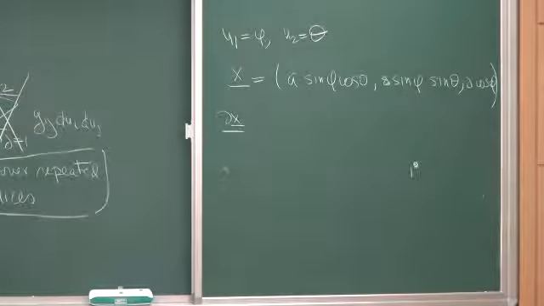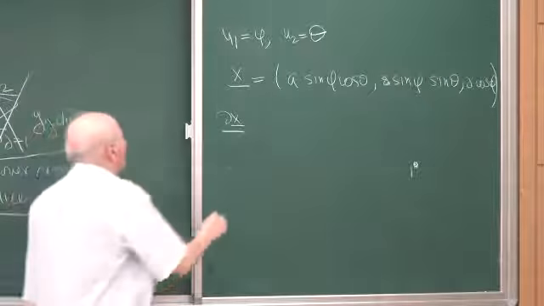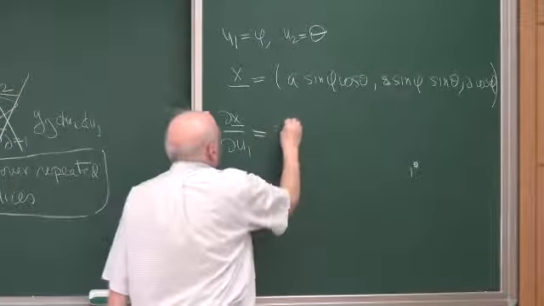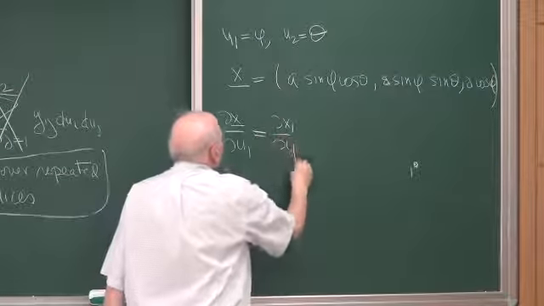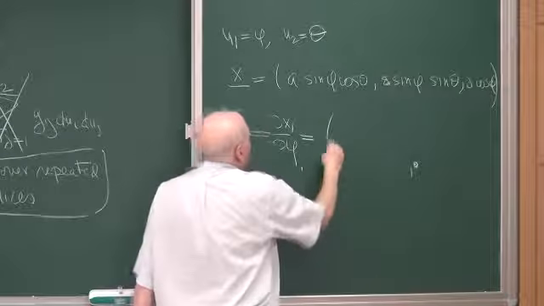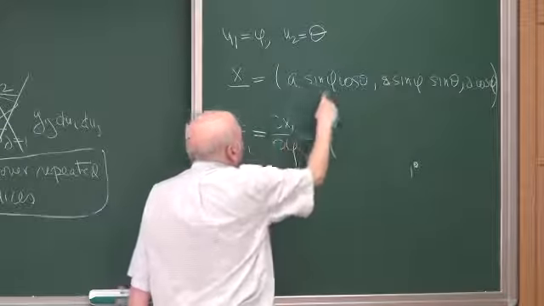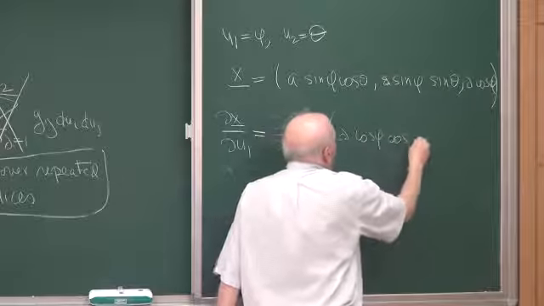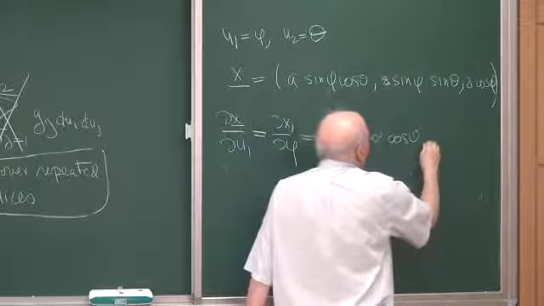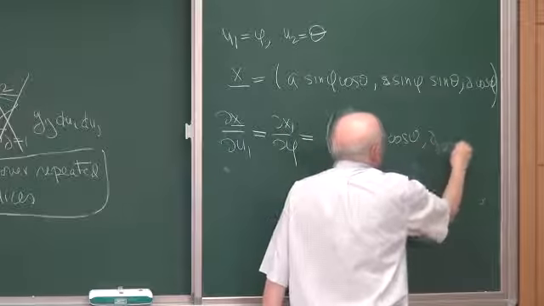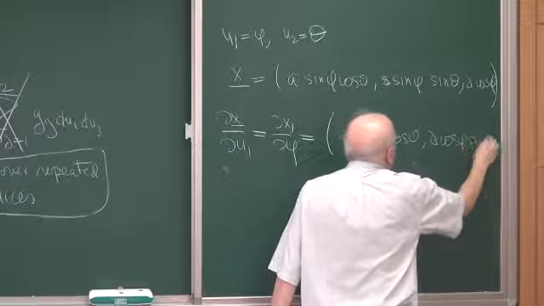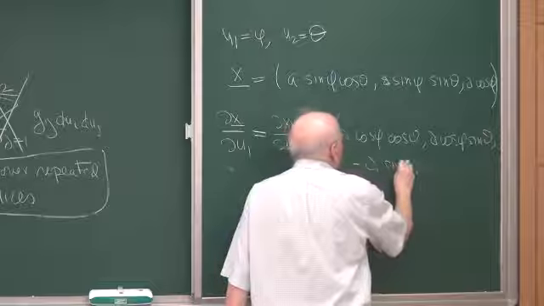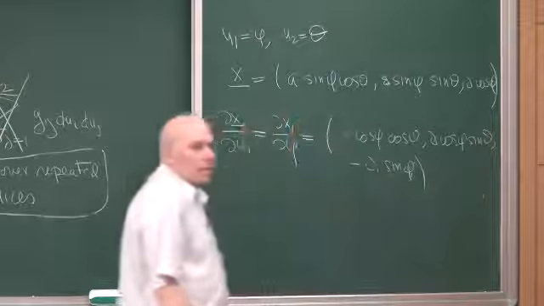So the partial of x with respect to u1 is the partial of x with respect to phi. And if I don't make a mistake, which is always risky, it's a cosine phi cosine theta, a cosine phi sine theta, and with a minus sign, a sine phi.